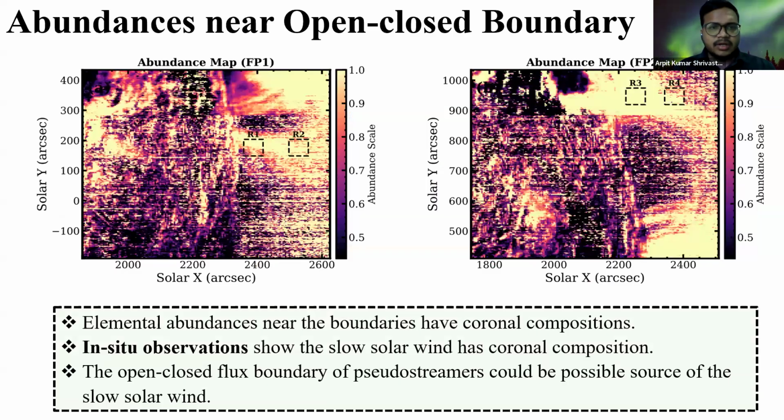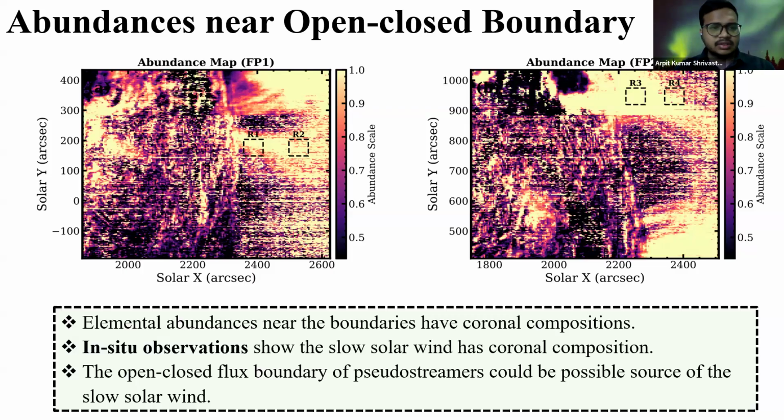Now, we also looked at the abundances near the open-closed boundary using SPICE. SPICE can only go up to maybe 100 megameters off the solar limb, but near the base you see that the value of 1 corresponds to coronal composition, and the value of 0 corresponds to photospheric composition.